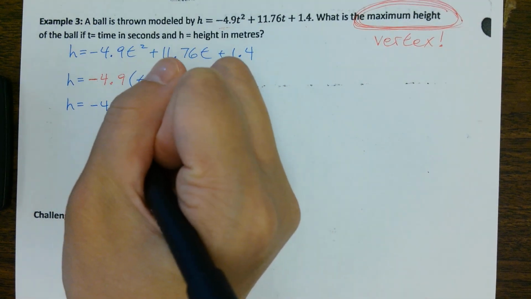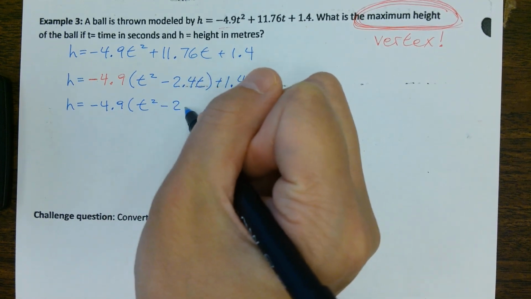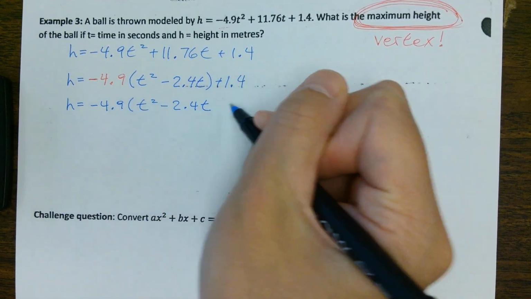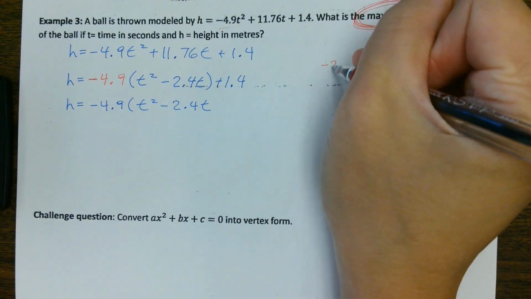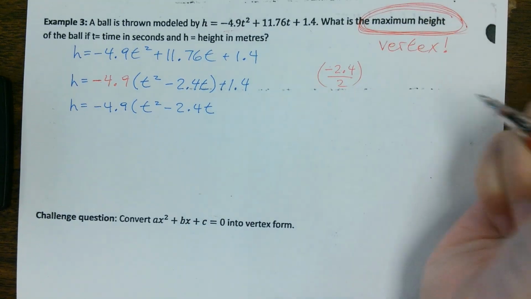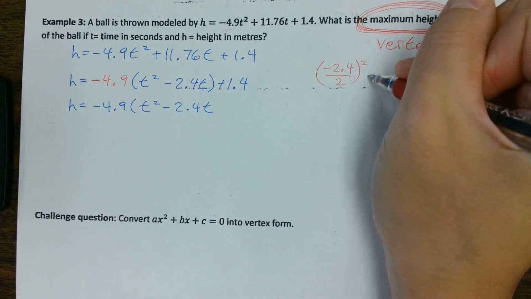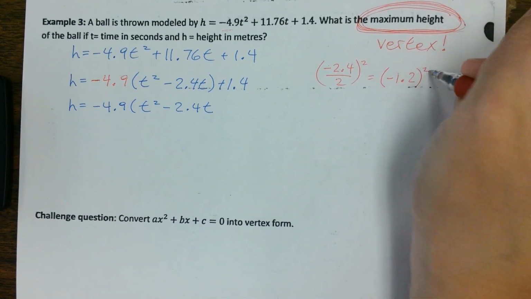Victor. Step 3. So what's my b value right here? Good. All right, negative 2.4. I need to divide that by 2. So it's negative 1.2.